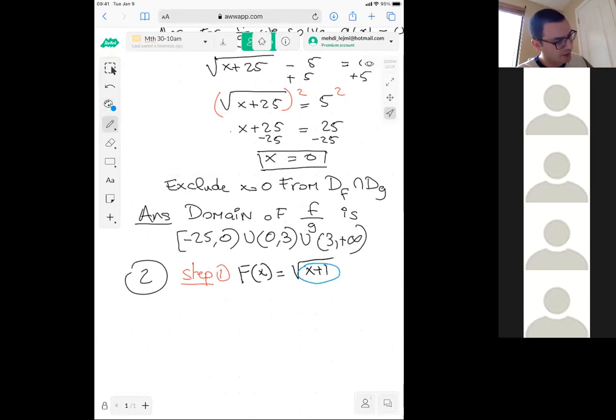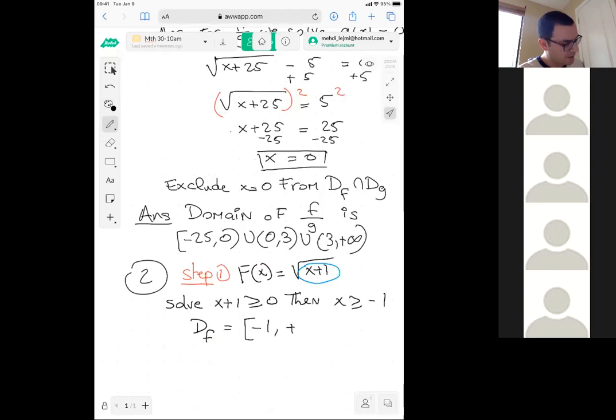We have x plus 1 under the square root, so we have to solve x plus 1 larger or equal to 0. Then x would be larger or equal to -1, and the domain of F is any number larger than or equal to -1. -1 is included because x can be equal to -1, so it's -1 to positive infinity.